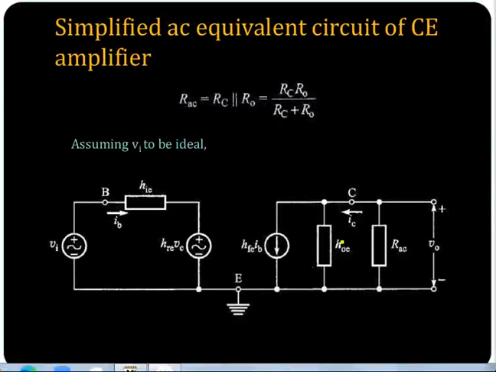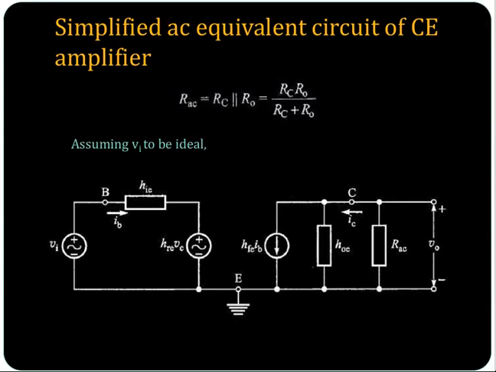Now, in order to make the analysis easier, we can simplify the AC equivalent circuit of the common emitter amplifier. So in that process, let us write down on the output side the resistance RAC, which is equivalent to RC parallel to RO.